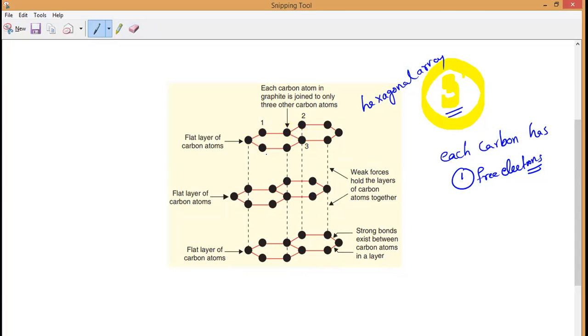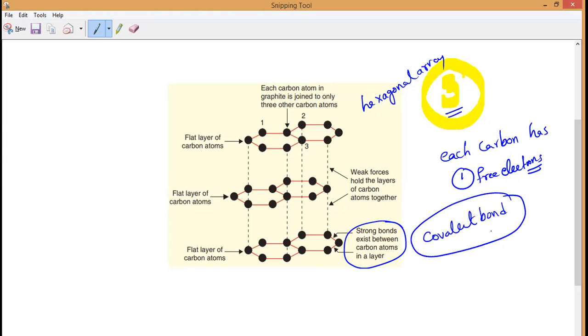But if you notice, between one carbon and another carbon, strong bonds exist. What bond is that, guys? Covalent bond. Even though covalent bonds are generally weak in nature, the covalent bonds formed by carbon are very strong.